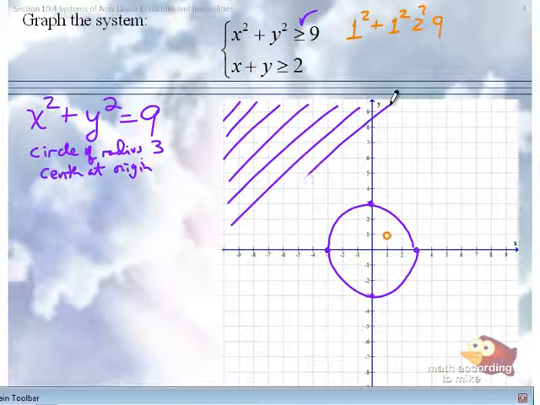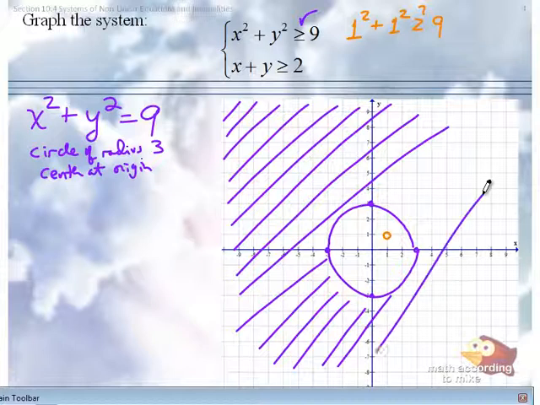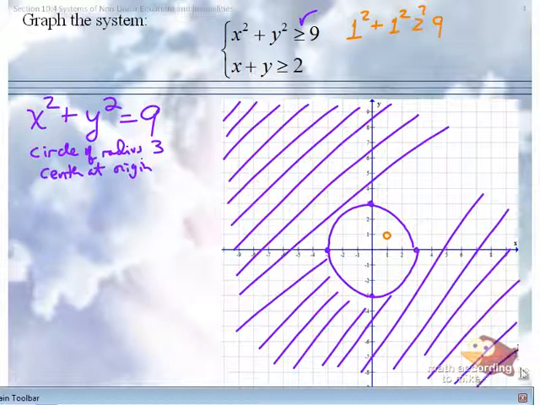Now, not to turn this into an art class or anything, you don't want to go crazy with your shading here, because when we're all said and done, we're trying to figure out where these two shaded regions overlap. So if you try to shade it all solid, the problem with that is you may not see where your final answer is.